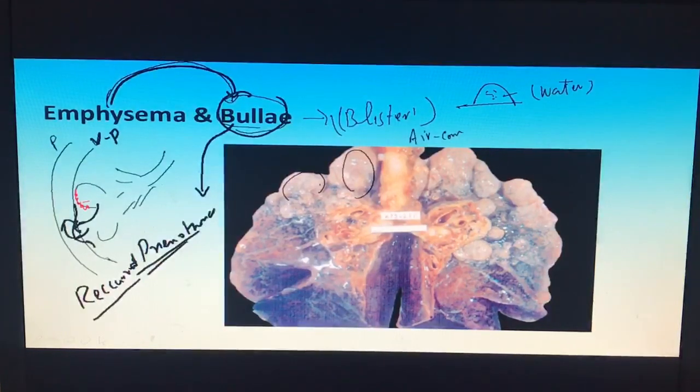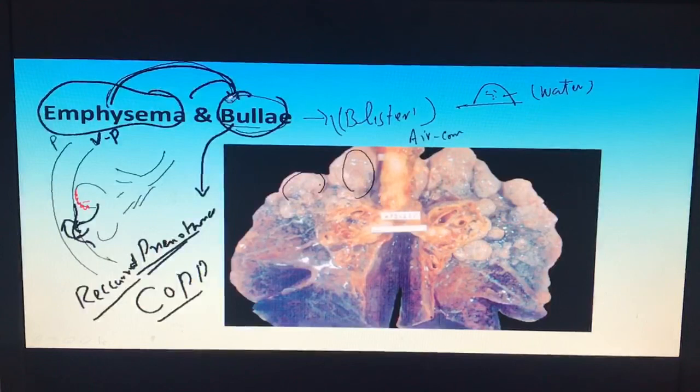What's the cause of recurrent pneumothorax? I must think about COPD. If a patient has repeated attacks of pneumothorax, it may be COPD. In the COPD, the emphysema part leads to bulla, and the bulla leads to repeated attacks of pneumothorax. It's a recurrent pneumothorax due to COPD, specifically the emphysema.